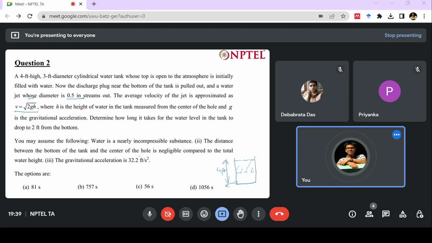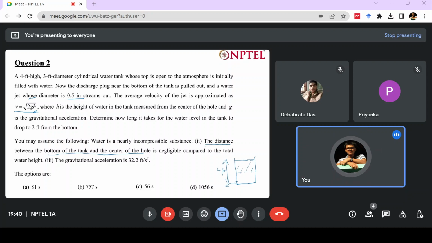Okay. We are also told to assume a few things. Let's discuss these assumptions. The distance between the bottom of the tank and the center of the hole is negligible. So basically, 2 feet means 2 feet from the bottom, and when we are calculating this h in the velocity, we will also take it as the height from the bottom. The hole diameter is negligible compared to the height of the water level at any point.